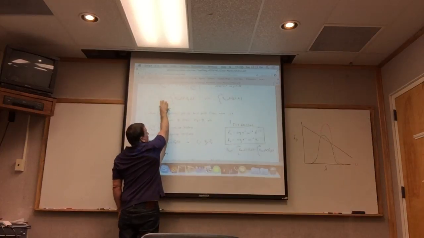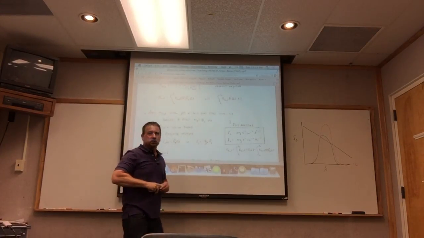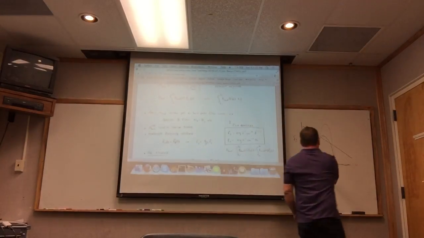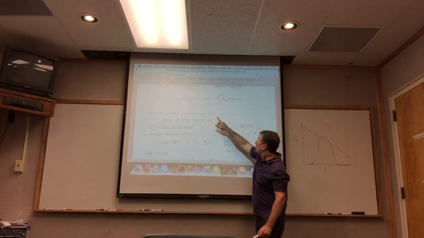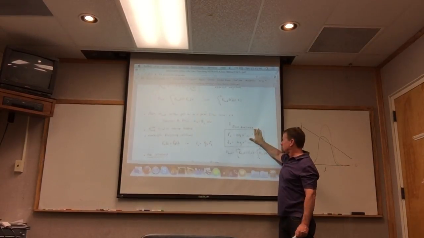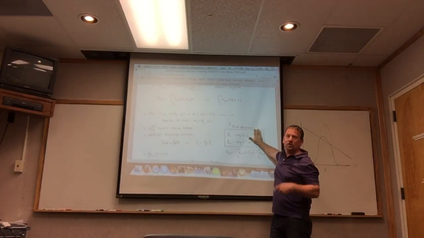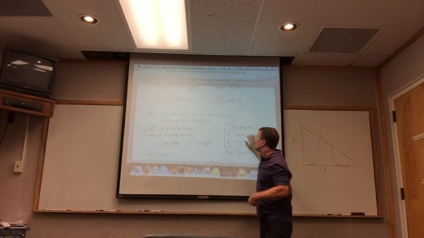You integrate that, you get the flux that was measured in that band, the integrated flux. Since you've integrated over wavelength, your capital F now has units of ergs per second per centimeter squared, which is your normal unit of flux. Ta-da!